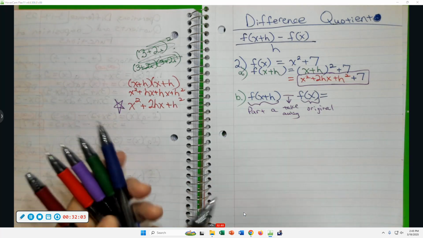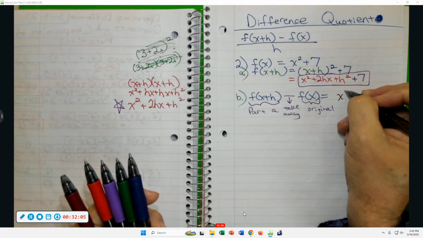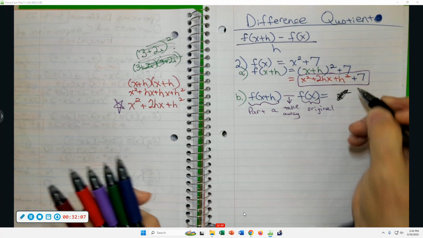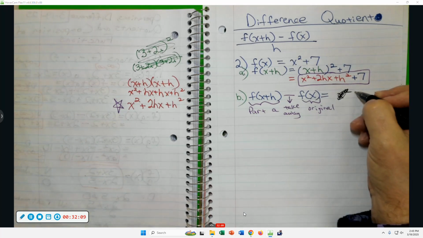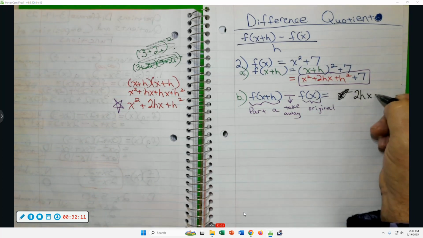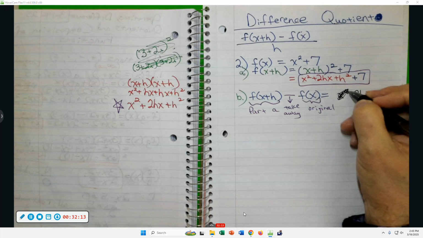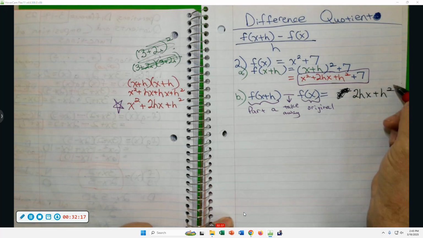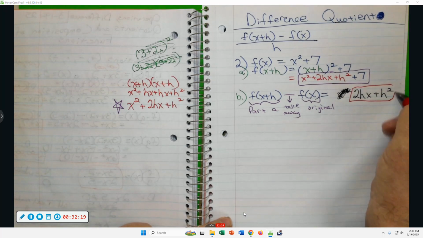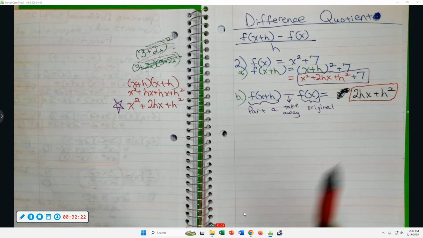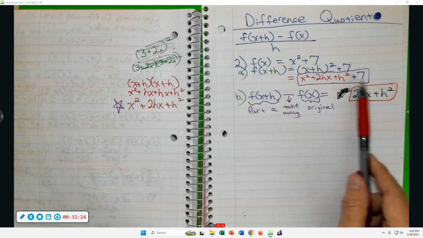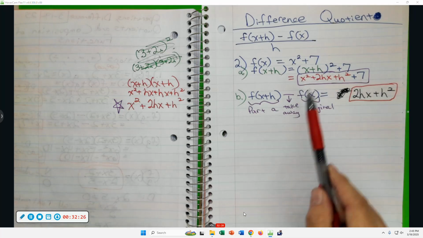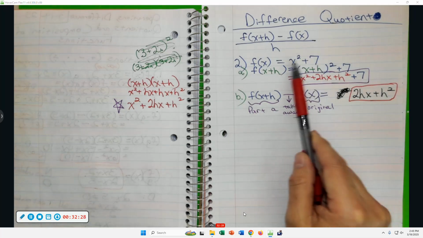So that's an x squared. No, we took away the x squared. That's a 2hx plus an h squared. Ignore that squiggly there. I feel like I'm doing a poor job explaining this. Take what you found in part A and take away the original terms.